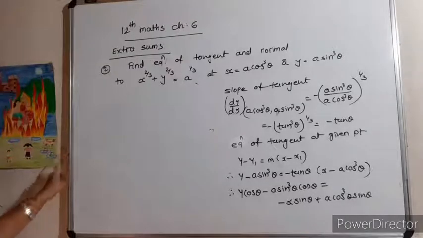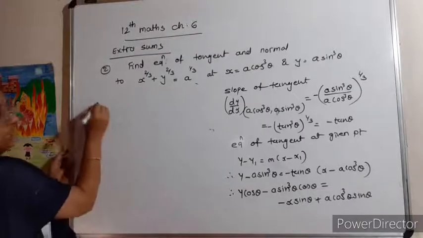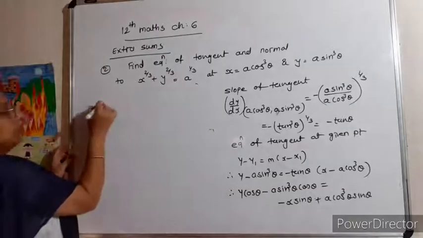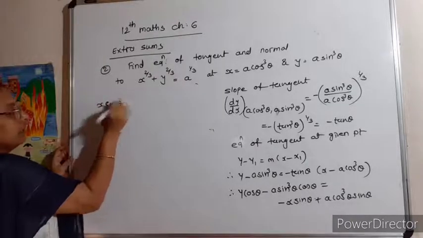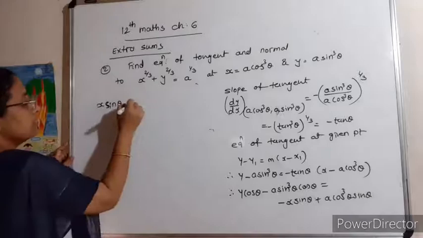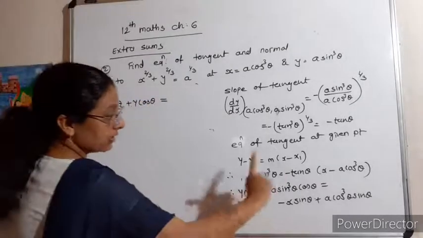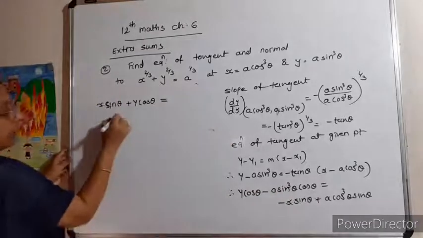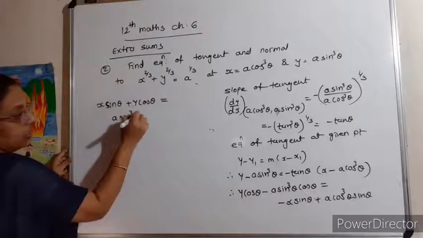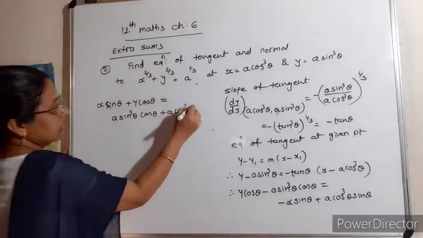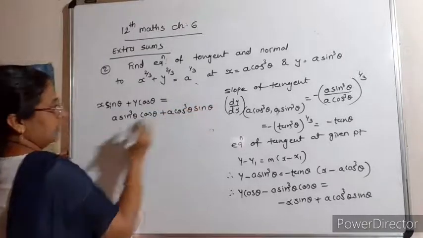So what is it? Can you say that? Yes. Here minus x sin theta coming this side. It is plus x sin theta plus y cos theta is equal to, this will go to the other side and become plus, a sin cube theta cos theta plus a cos cube theta sin theta.